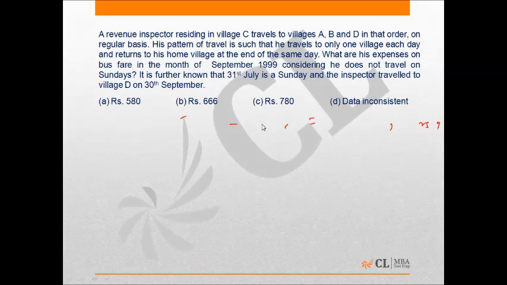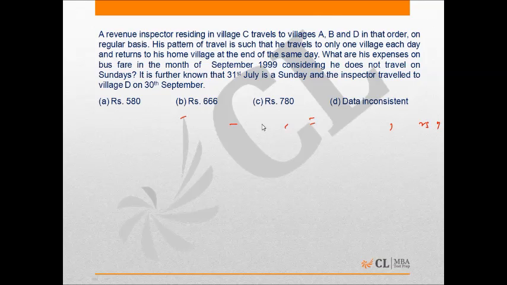We have a revenue inspector who resides in village C, travels to village A, B and D in that order on regular basis. His pattern of travel is such that he travels to only one village each day and returns to his home village at the end of the same day, which means he buys 2 tickets on every day whenever he travels.